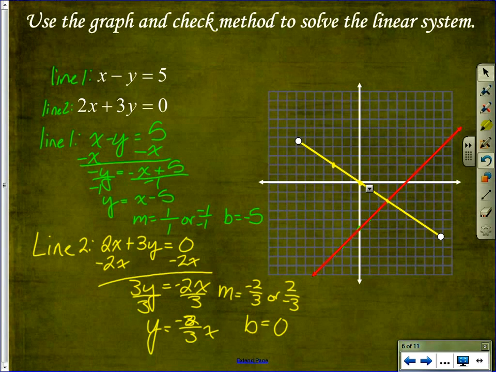Sorry, negative 2 thirds. So it's negative 2 over 3 or 2 over negative 3. Oh, the answer? Sorry. And the answer is right here, which is 3, negative 2. How far do I go to the side? And then how far do I go down? Right? Okay.